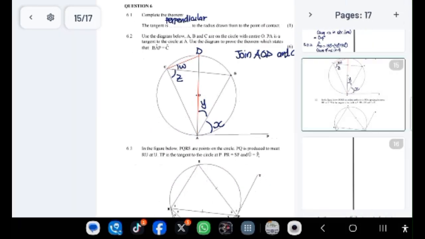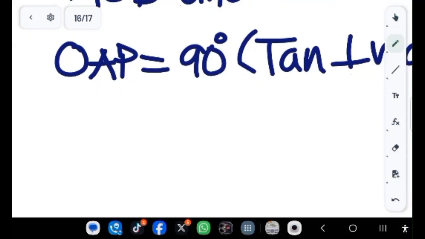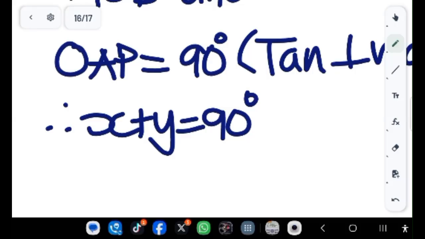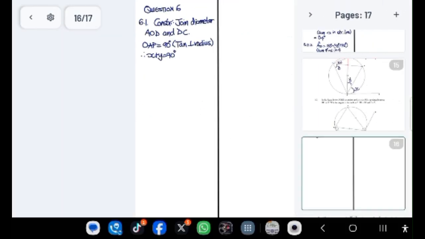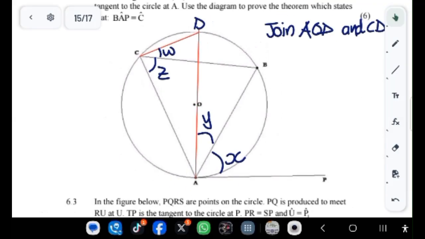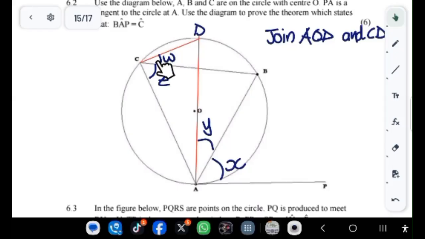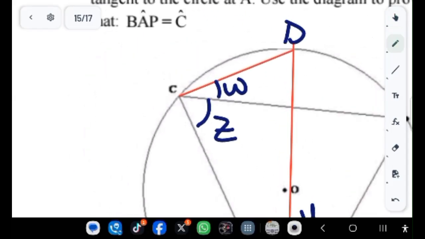We've just shown that. All right. So Z plus W equals 90 degrees, angle in a semicircle.